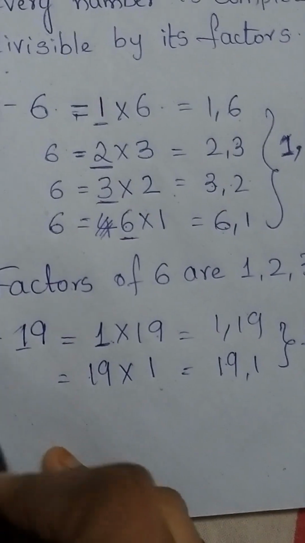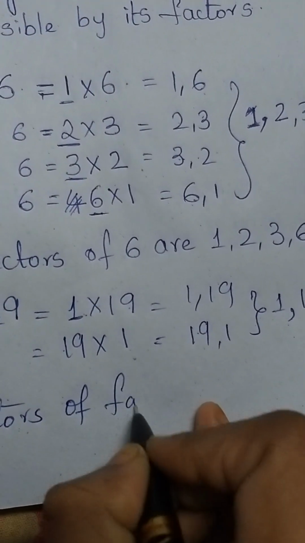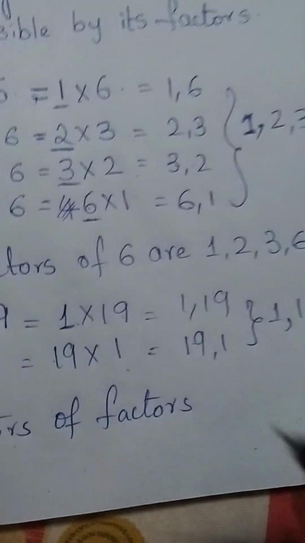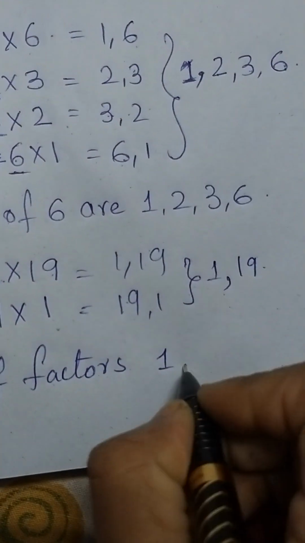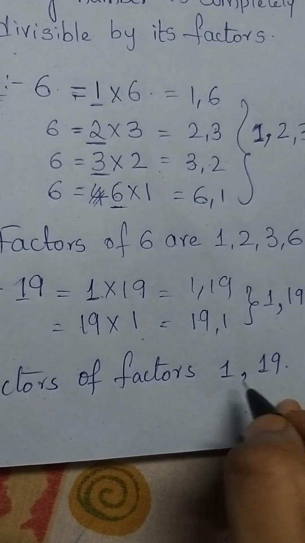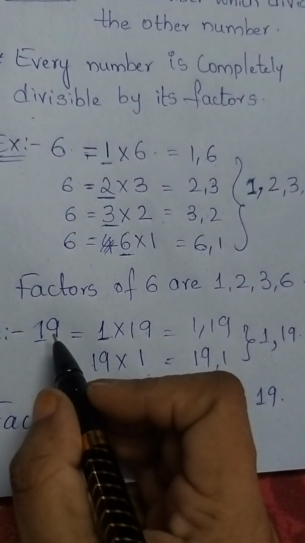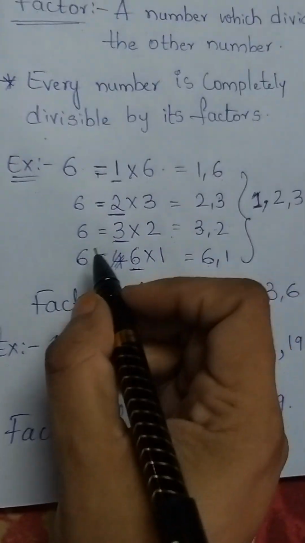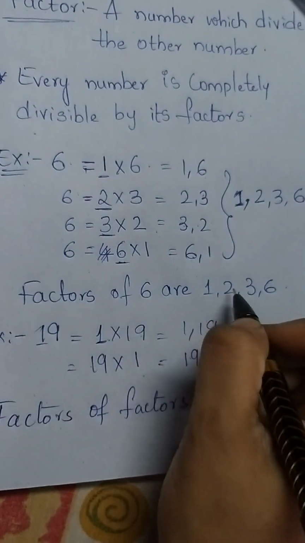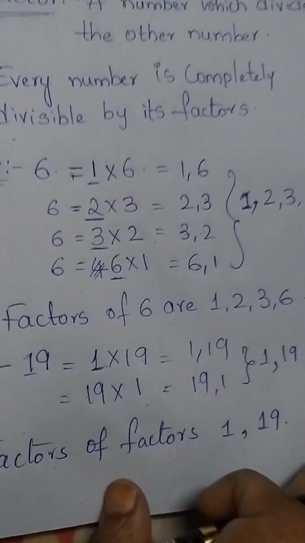So what are the factors of 19, children? The numbers which divide 19 are 1 and itself. 19 itself is a factor, and 1. Only 1 and 19 are the factors of 19. For 6, the factors are 1, 2, 3, 6. Like this we have to find, children.